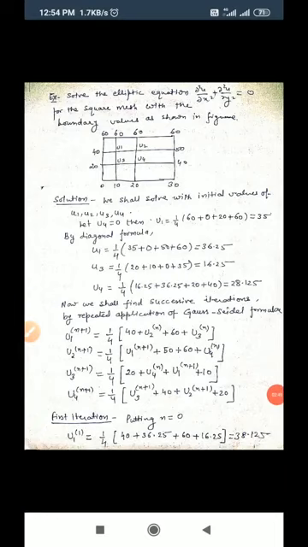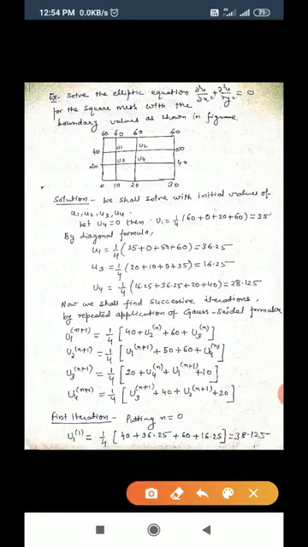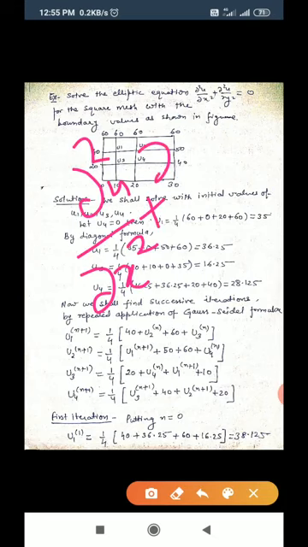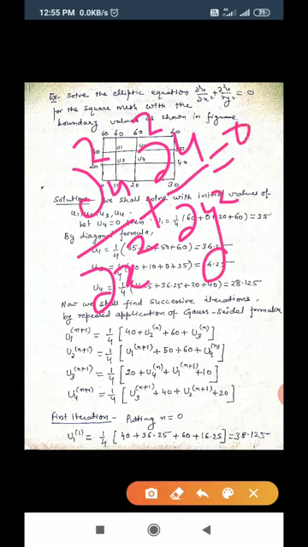Now we know that the equation ∂²u/∂x² + ∂²u/∂y² = 0 is the Laplace equation.